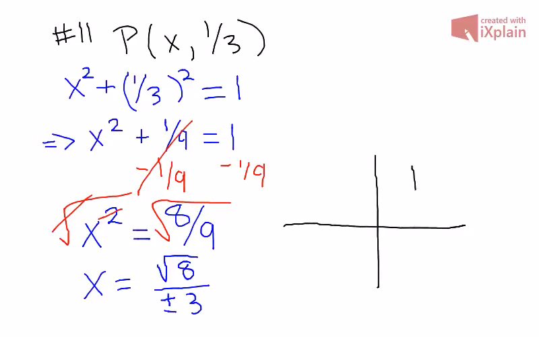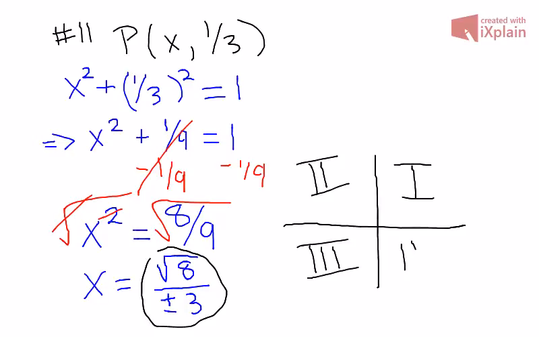So let's figure out if we're working with the positive or the negative of this whole thing here. So we have our quadrants, right? It told us that this thing is going to be in quadrant 2. In quadrant 2, all of the x values are negative and all the y values are positive. That makes sense, right?